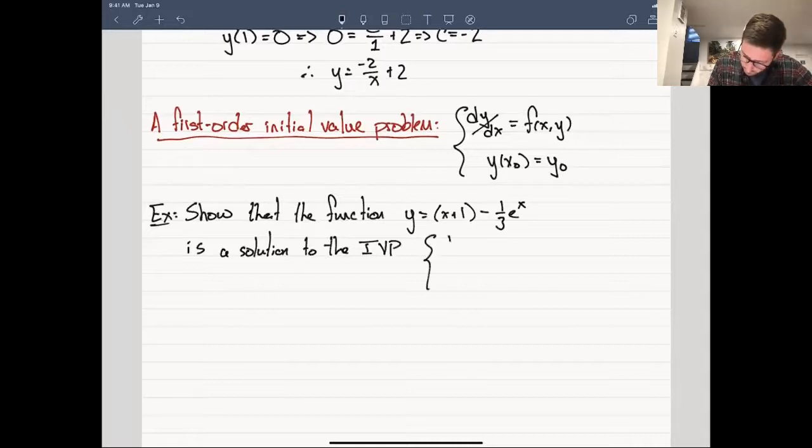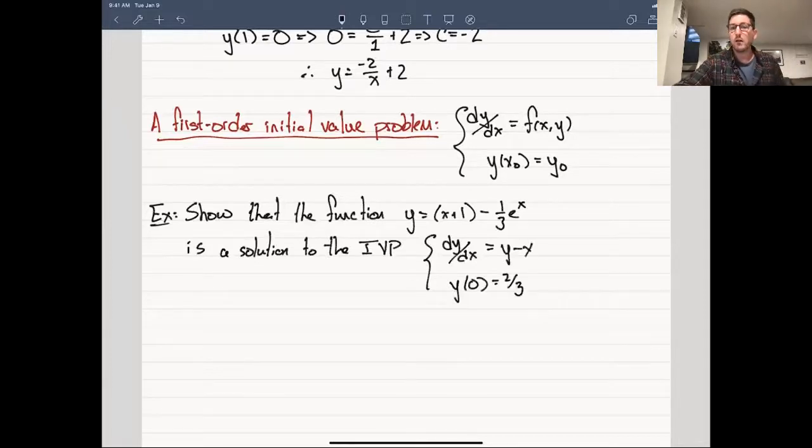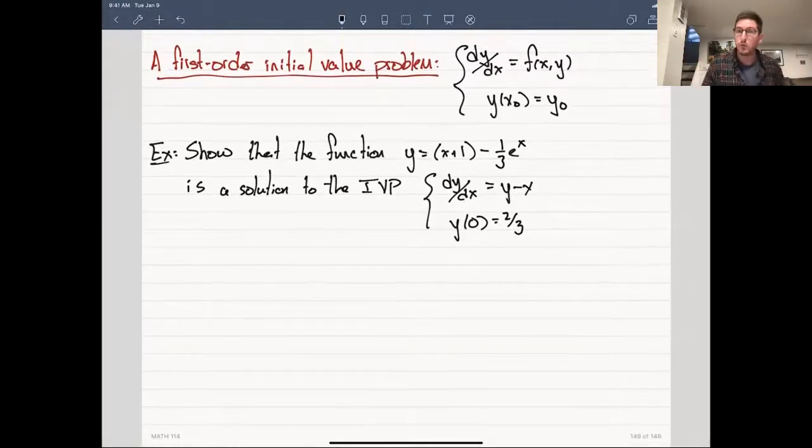And this initial value problem will be dy by dx is equal to y minus x, and y of 0 is equal to 2/3. Well, we're going to basically do the same thing that we did before, and on top of that, check whether or not we actually go through the point 0, 2/3.